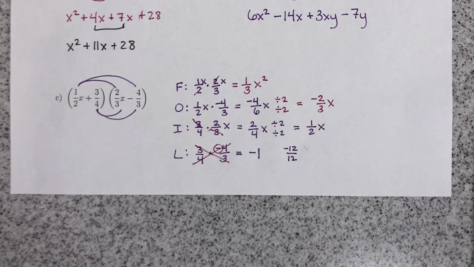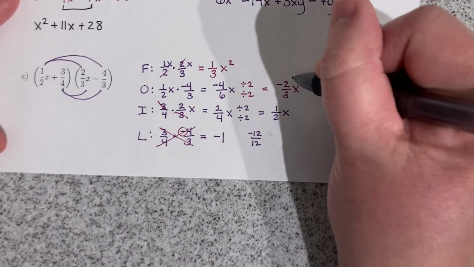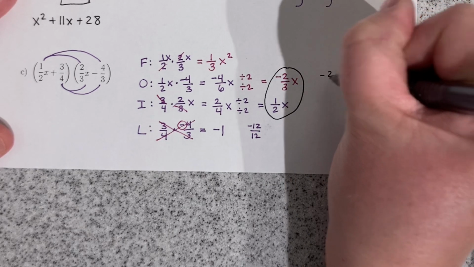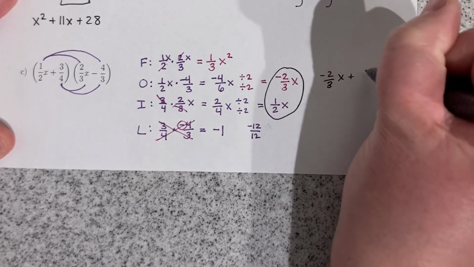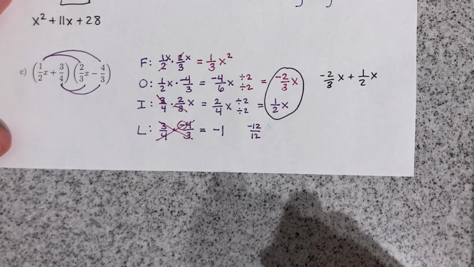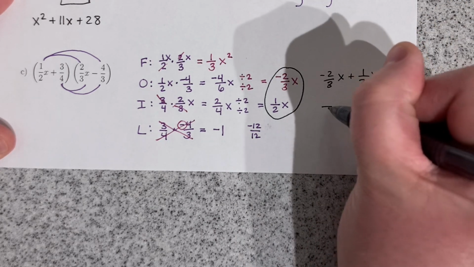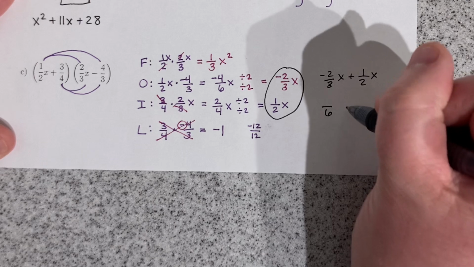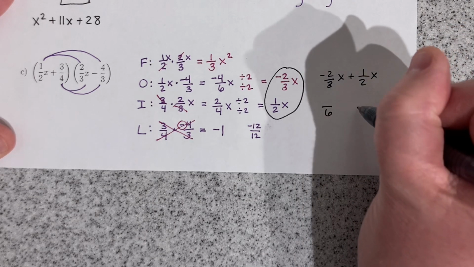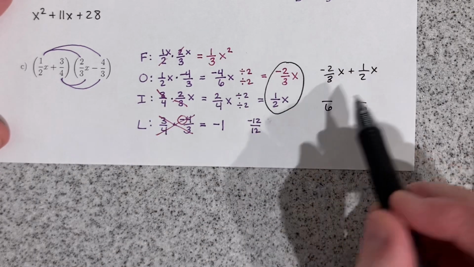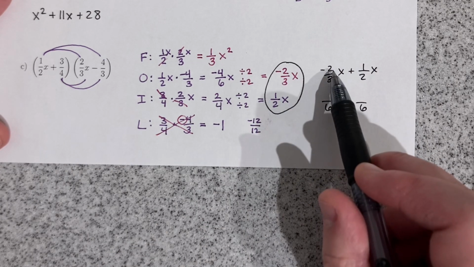Unfortunately, we got some like terms. Both of these have x's. So I need to take negative 2/3 x plus 1/2 x. And to add negative 2/3 and 1/2, we need a common denominator. We need to make them both 6. So the first fraction, to make the denominator 6, I need to multiply by 2.